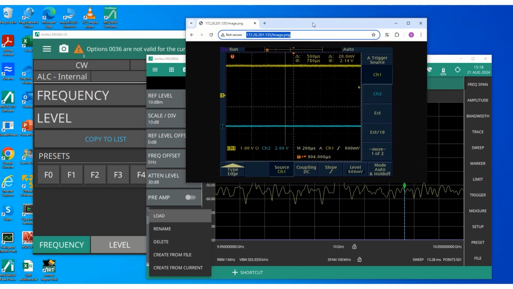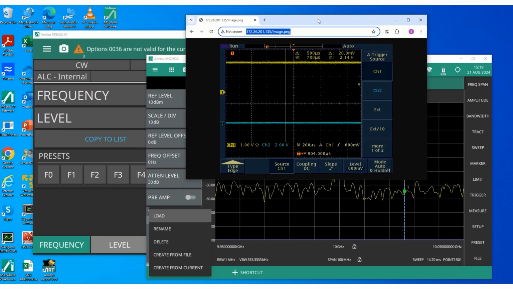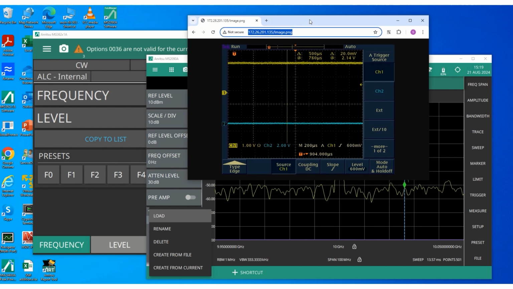This is the oscilloscope GUI. It is not a fully functional GUI in the sense that we can't make configuration settings on this GUI. All we are doing here is accessing a page published by the oscilloscope located at its IP address.